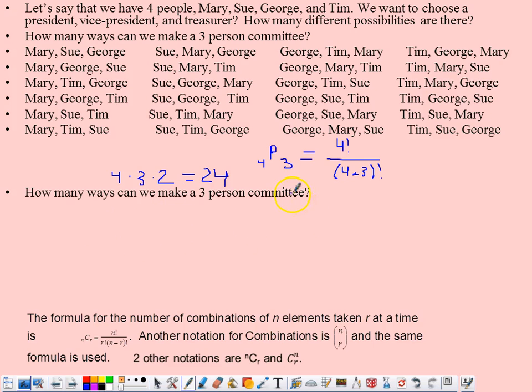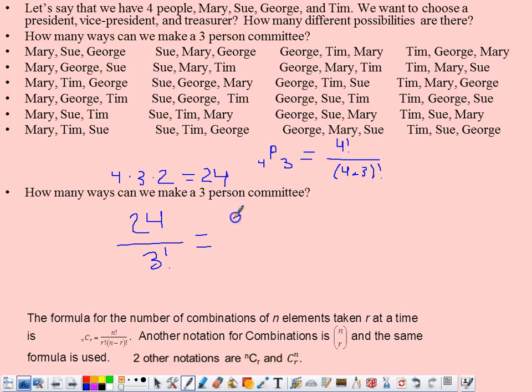Okay, so what we want to do is take out the number of ways we've got the same people. They're just rearranged. So the number of ways that you can rearrange 3 people would just be 3 factorial. So basically, if you just take what you have and you divide by the number of ways that you can arrange people. So these are just the ways that you have the same 3 people just rearranged. So Sue, Tim, George just rearranged all the different ways would be 3 factorial.